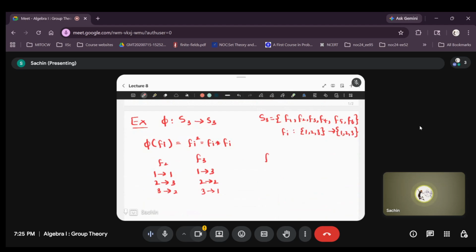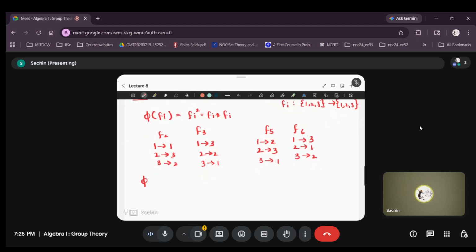And F5 was the function which sent 1 to 2, 2 to 3, 3 to 1. F6 sent 1 to 3, 2 to 1, and 3 to 2.